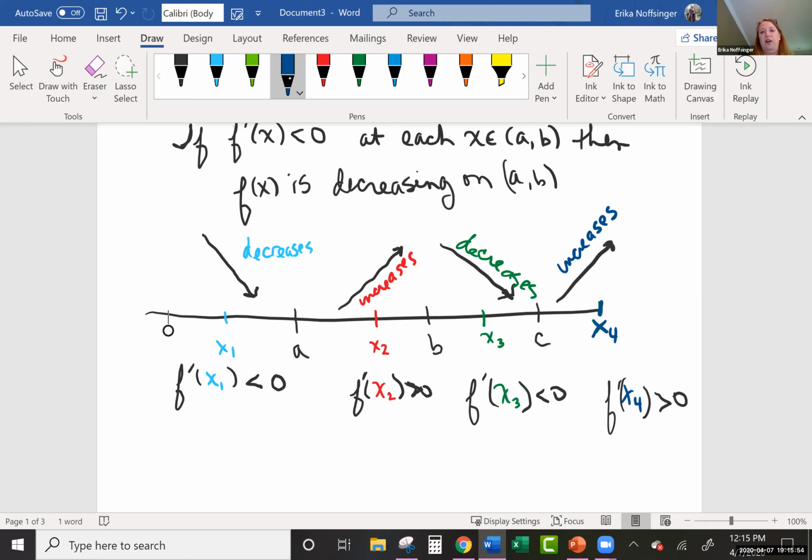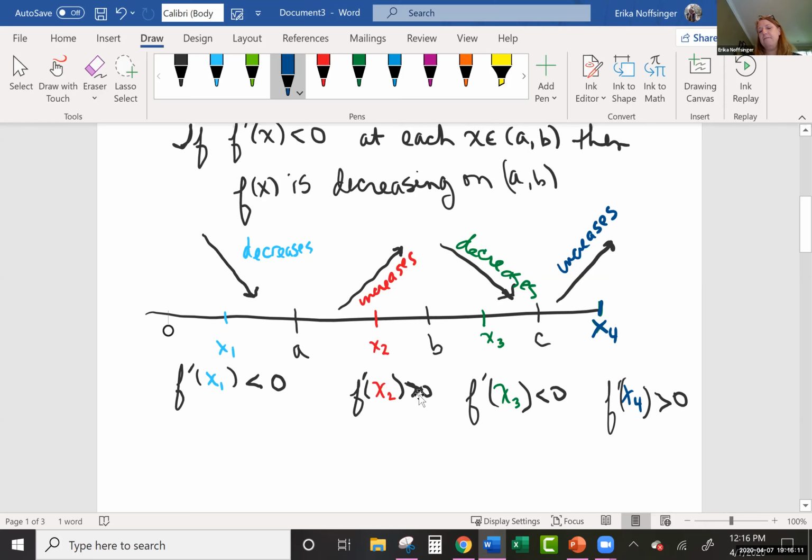Okay, so remember, taking the derivative, that's representing the slope of our function at a particular value on the graph. And so if we get that our slope is negative, we know our function decreases. If our slope is positive, our function is increasing there.